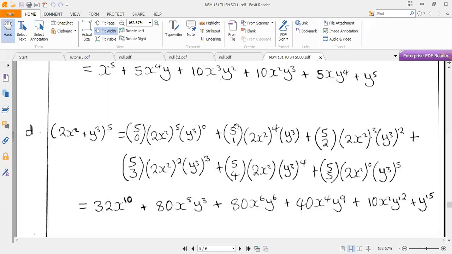Okay, then 5 choose 1. What do you get? You get 5. 2 to the 4, what do you get? I think there was an error here, because 2 to the 4 is 16. So 16 times 10 should read 160 somewhere here.